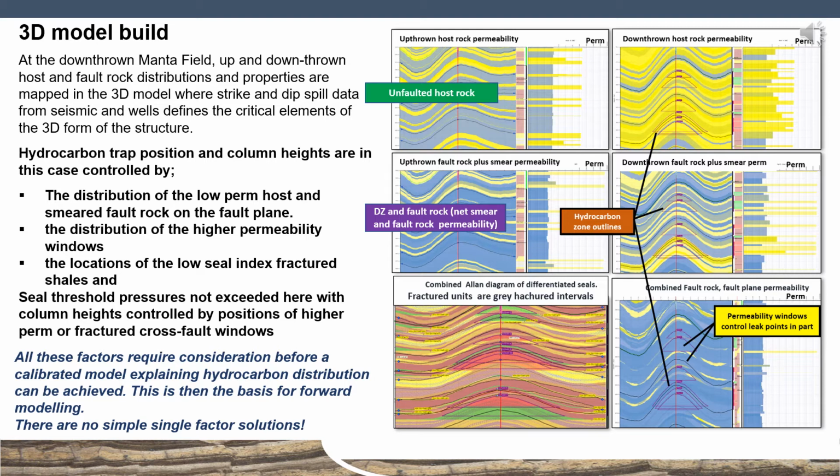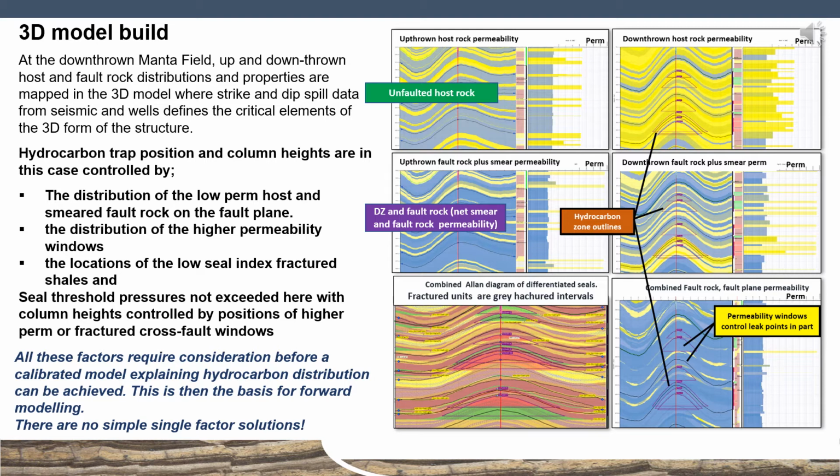The second row is the fault rock. So this shows the permeability that results from the smear extension of the better quality seals, and also the permeability of the fault rock in reservoir and the seals. So there's a lot more blue there, where blue is the lower perm units.